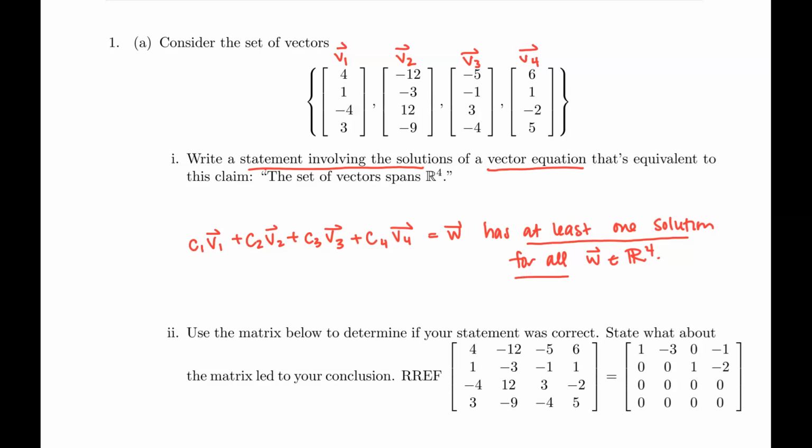And we do need that for all because we want to span R4, which means this vector W has to be every single vector possible in R4. We had some questions about whether or not we could have the zero vector here. The zero vector becomes a little sus as what you're equal to here, because if you had dependent vectors, it's possible to not span and still equal the zero vector.